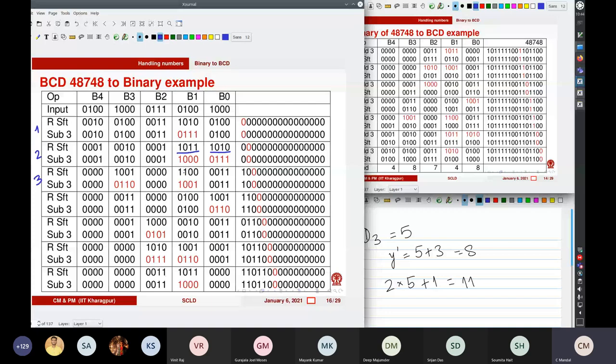After you add 3, the value continues to be greater than or equal to 5, so you shift left. So here, if it is greater than or equal to 8, you do a subtraction and then you shift right. It is just the reverse of the previous algorithm. Yes, sir. I understood.